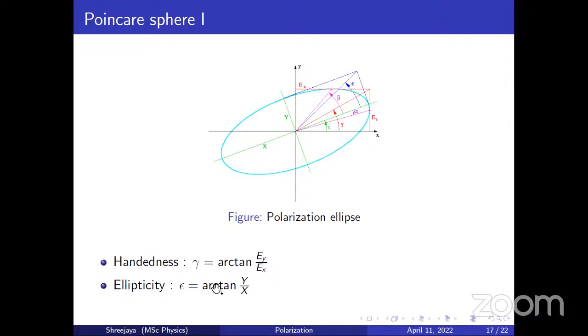So gamma is given by arctan of Ey by Ex, the two components, and then ellipticity, this blue color angle, is arctan, that is tan inverse, of minor axis by major axis. Okay, these become important for the next session. That's why I'm just mentioning it here. When I take the next section, I'll explain more about it.